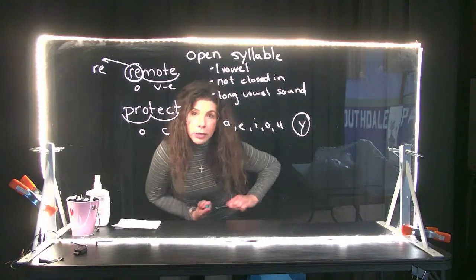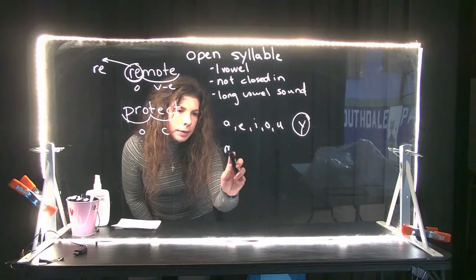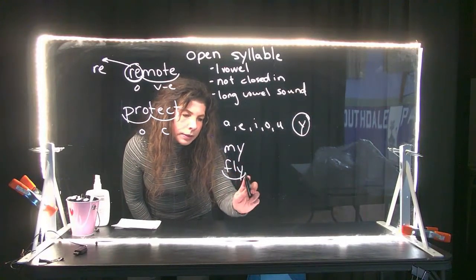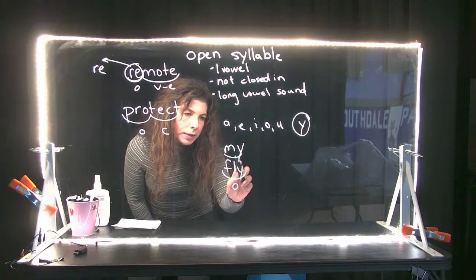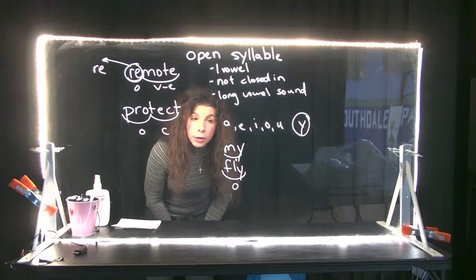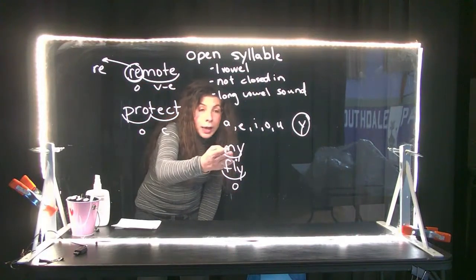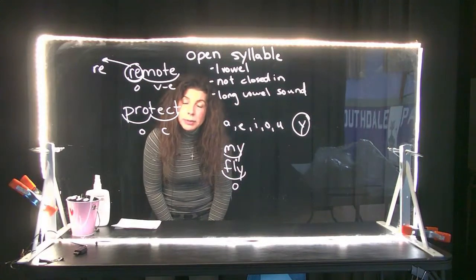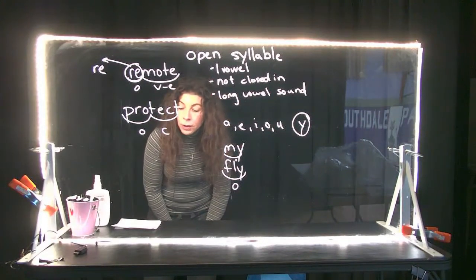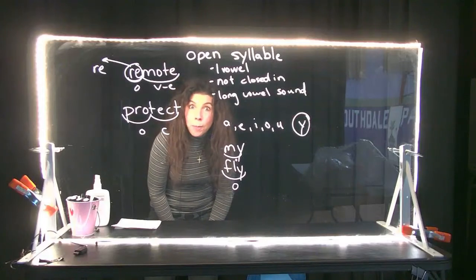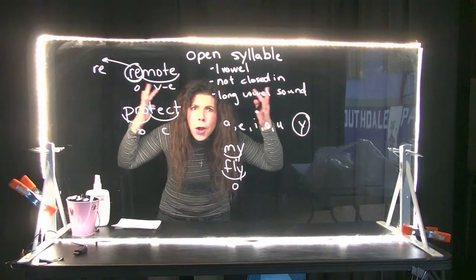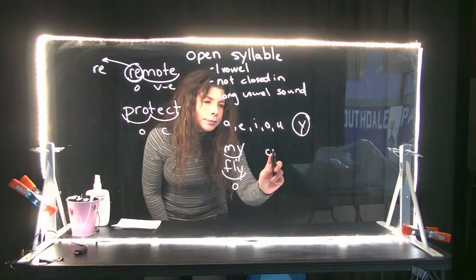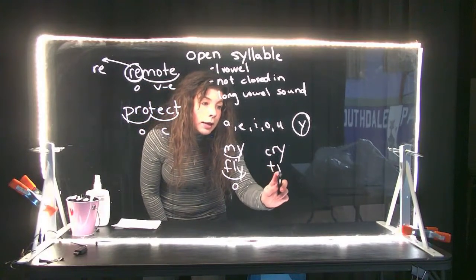For example, in the word my or fly, these are considered to be open syllable words. There's no A, E, I, O, or U, so that is why the Y is sometimes considered a vowel. It all has to do with the open syllable. Cry, try, a lot of words.